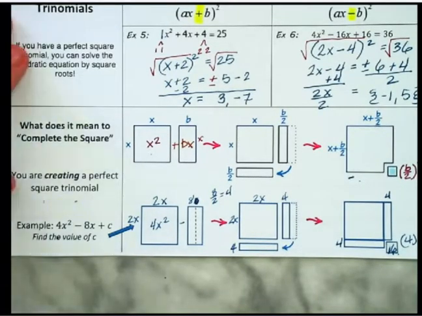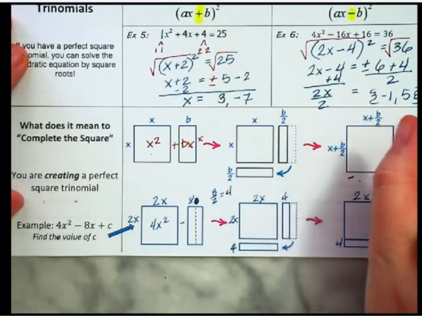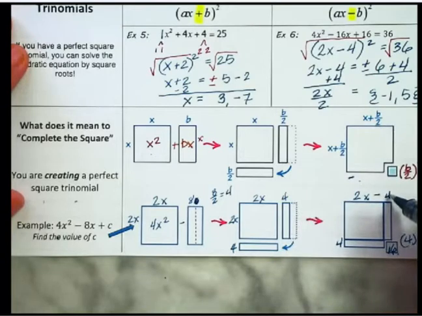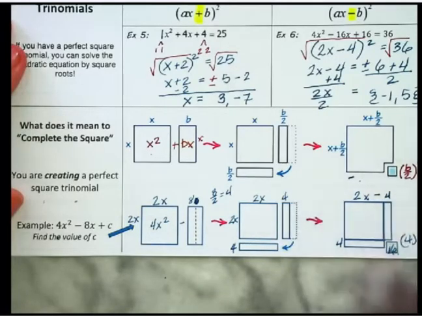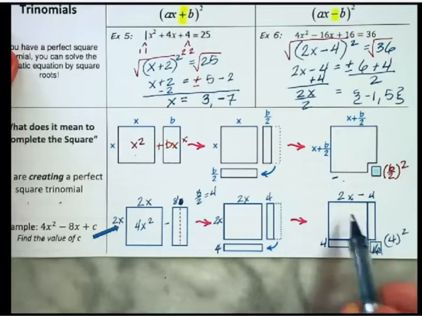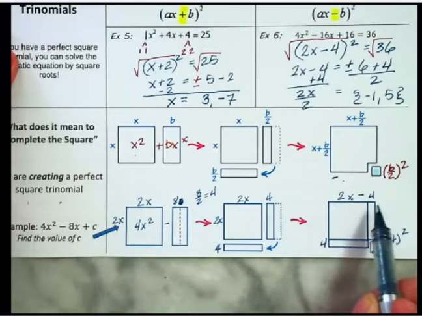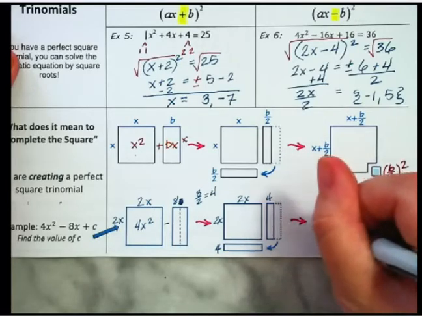So I end up having 2x minus 4, and then if I square that, I'll end up finding that 16. So this is the length of 2x minus 4, and this is 2x minus 4.